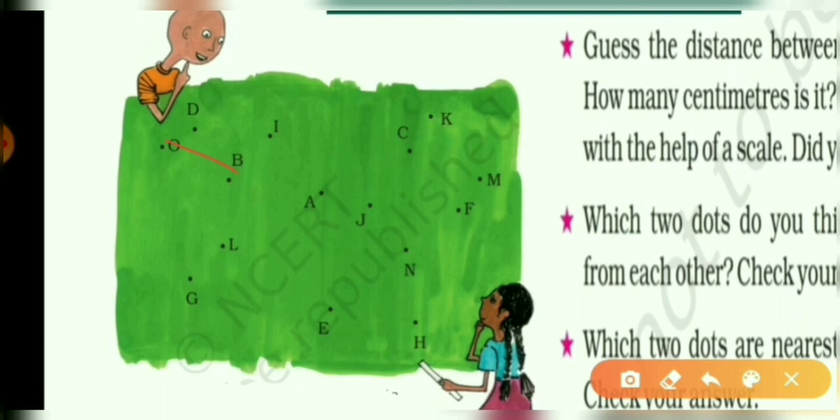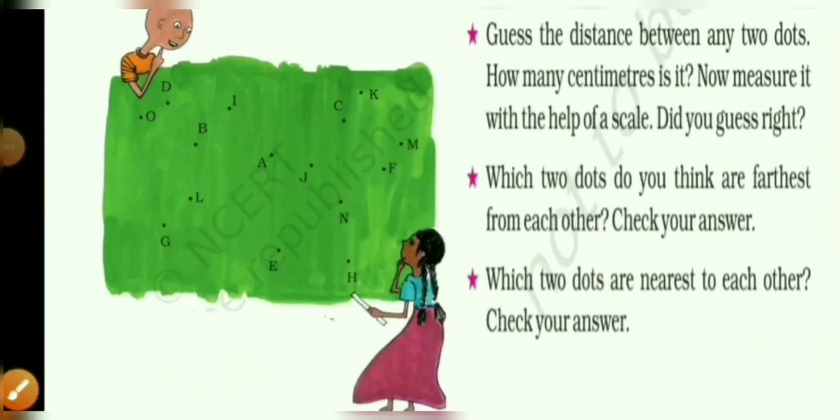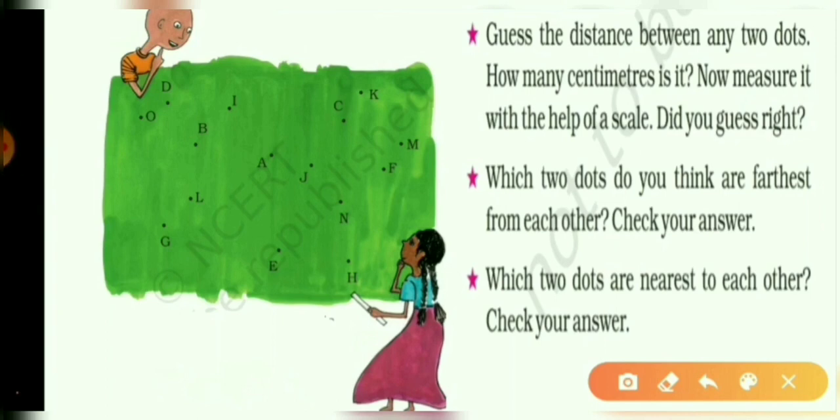Okay, and you have to decide whether you guessed right or not. If you guess right, you can decide how far it is. Here they are asking us, did you guess right?